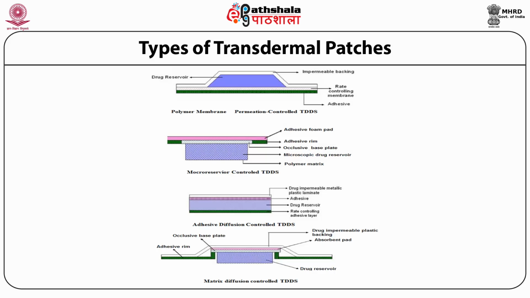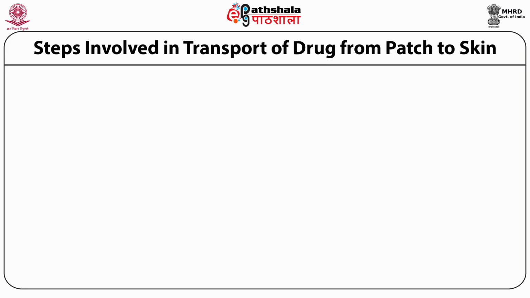The names give a complete idea about the mechanism through which the drug is impregnated onto the membranes, and finally the means and ways by which the drug enters into the skin. Let us quickly peruse the steps involved in the transport of drug from the transdermal patch onto the skin.